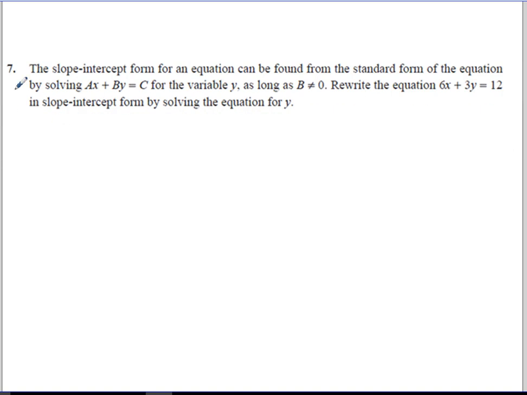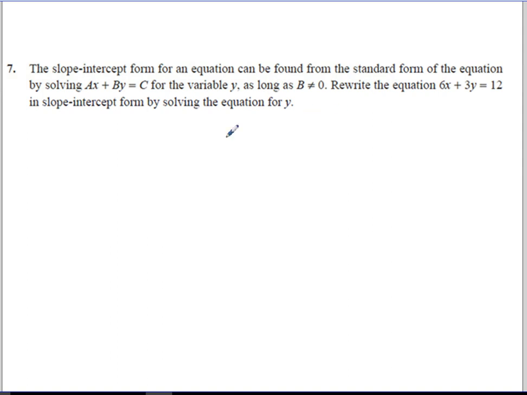And so the slope-intercept form of an equation can be found from the standard form of the equation by solving that ax plus by equals c formula for the variable y, as long as b cannot equal 0, because remember, we can't divide by 0 to get a slope that's undefined.